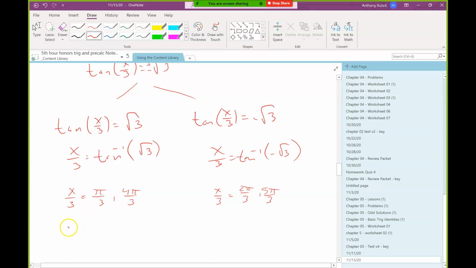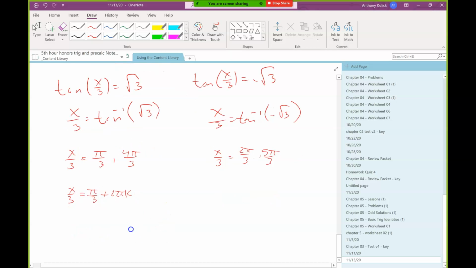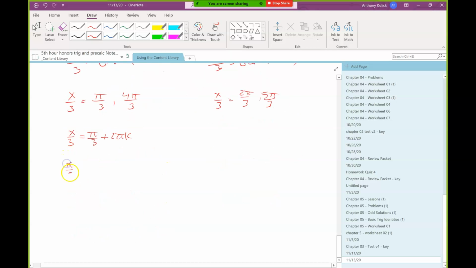So, what I'll do then is I'll think about these each as their infinite solution. And again, I'm just writing a lot of this out because it's more clear. Obviously, you don't need to show all this work. I think it's relatively obvious what's going on here, but we're going to do it that way anyways.